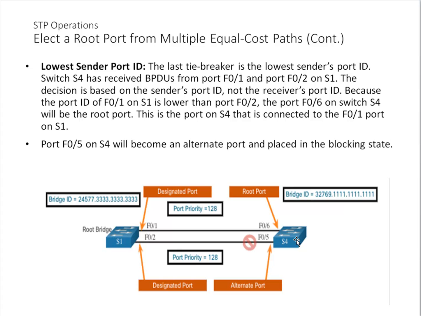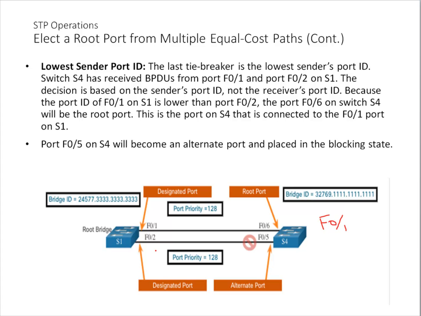Now what is the port ID? Sender port ID, you can see here in this example. S1 is sending a BPDU, that means bridge protocol data unit, and the packet is coming here. The port ID here is FastEthernet 0/1, that means the sender port ID.